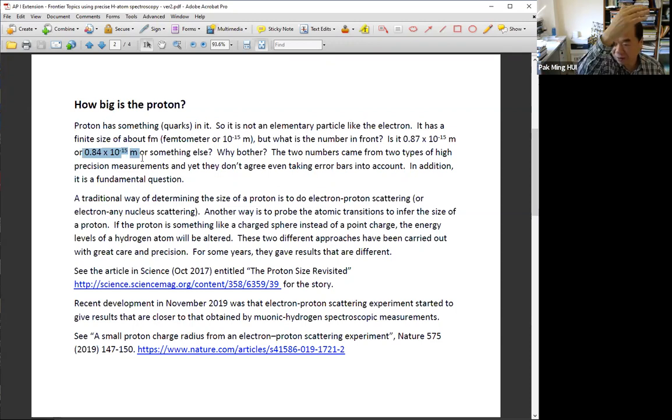We just mentioned the transitions, the optical transitions. So we have two very reliable methods, measuring, we believe, the same thing, the proton size. Therefore, we expect they give the same result, at least within error bars. The results should overlap.